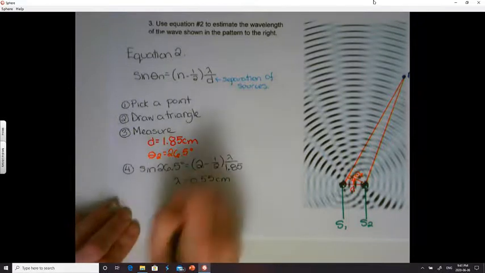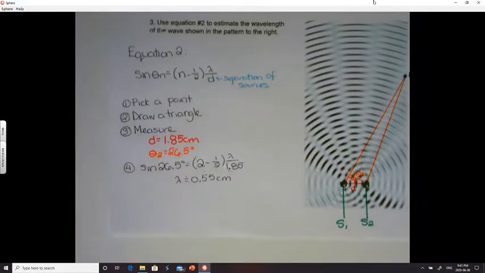So I got about 0.55 centimeters. Actually went pretty well. I'm going to do one more little video clip where we go through equation 3 and how we can apply that, because this situation is going to fall apart a little bit when our angle is too small to measure. So let's see what that would look like.